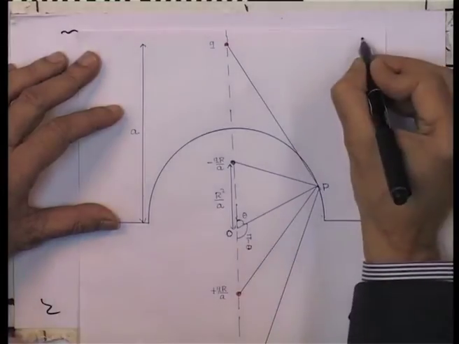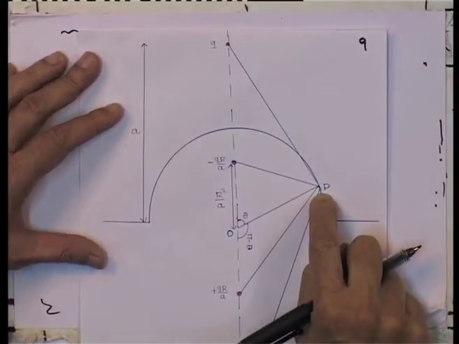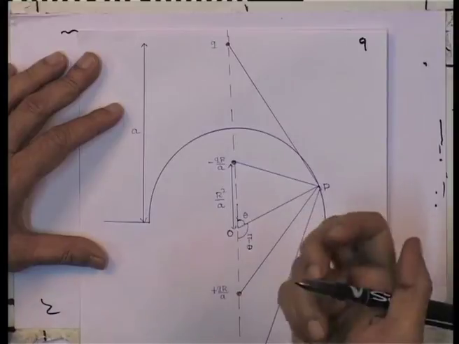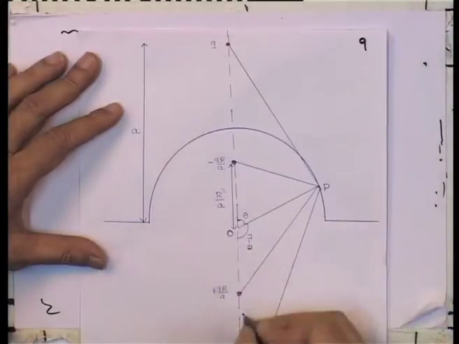So, take any arbitrary point P, which is at radius r and an angle theta being made with this line.